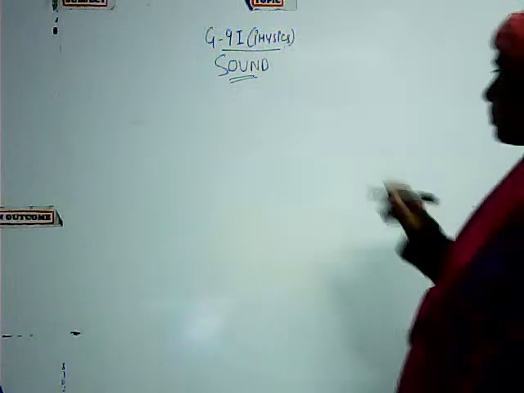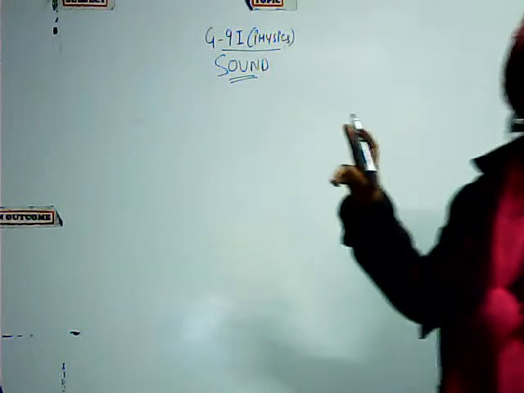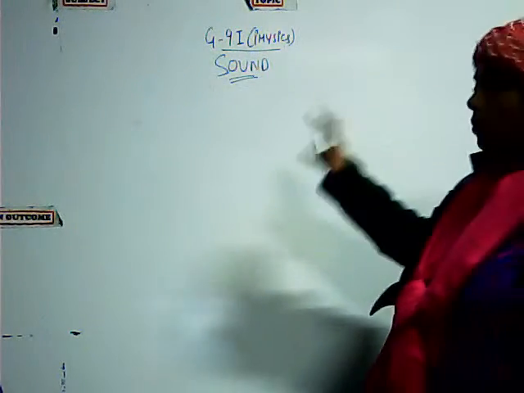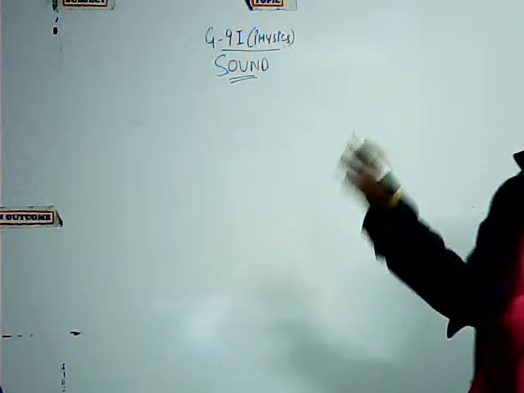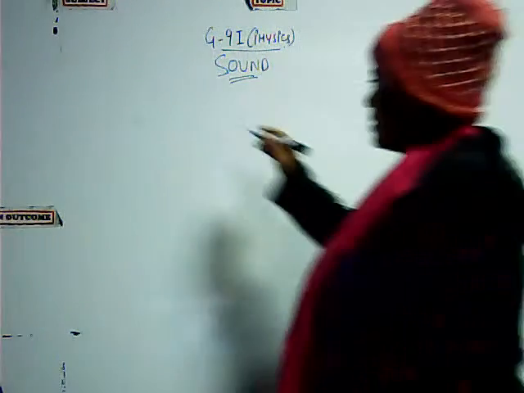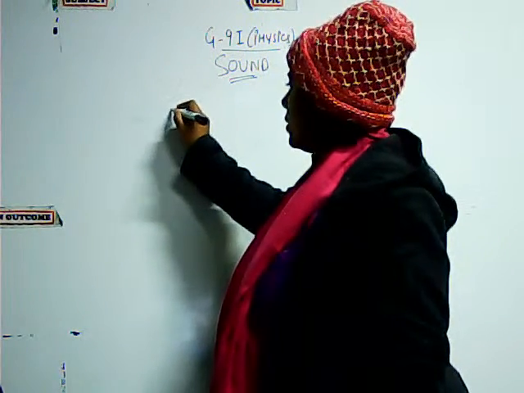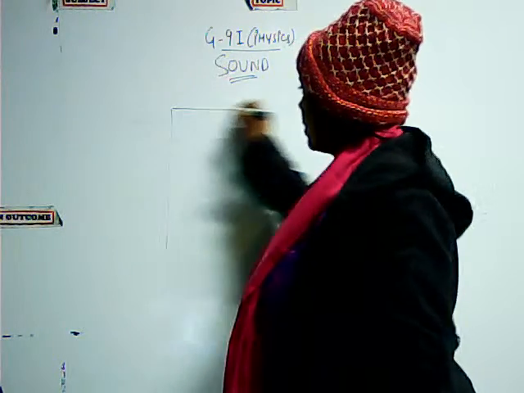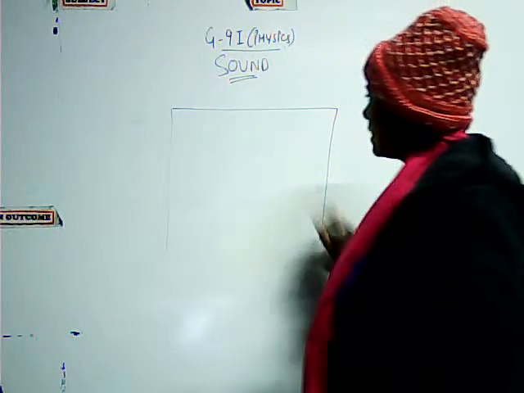In that chapter, there is one topic where the uses and the hazards of the different waves are given, for example, gamma waves. Then I told you to make a table. You have to make a table like this.